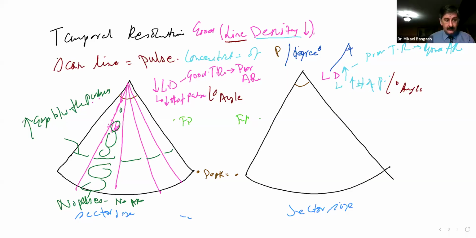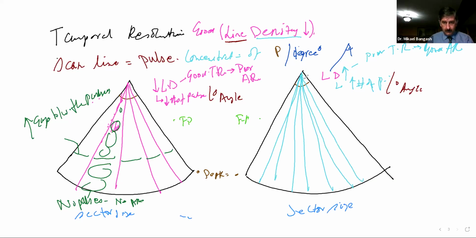On the other hand, if we said that we have a great line density, what do you know about the increased line density?